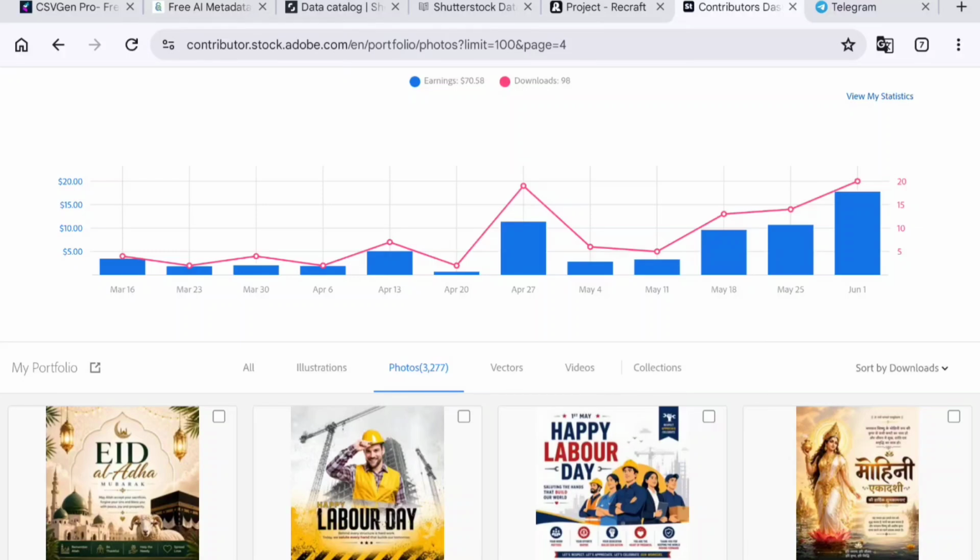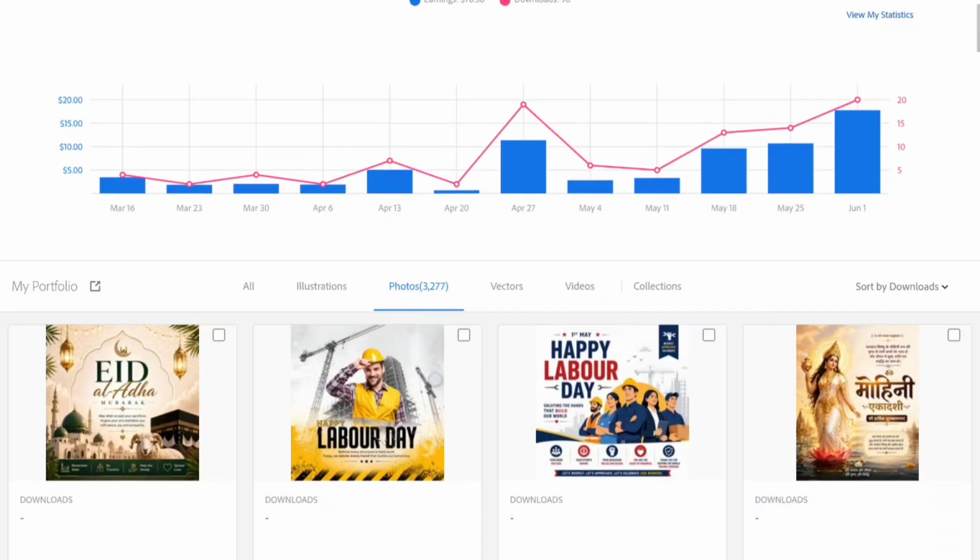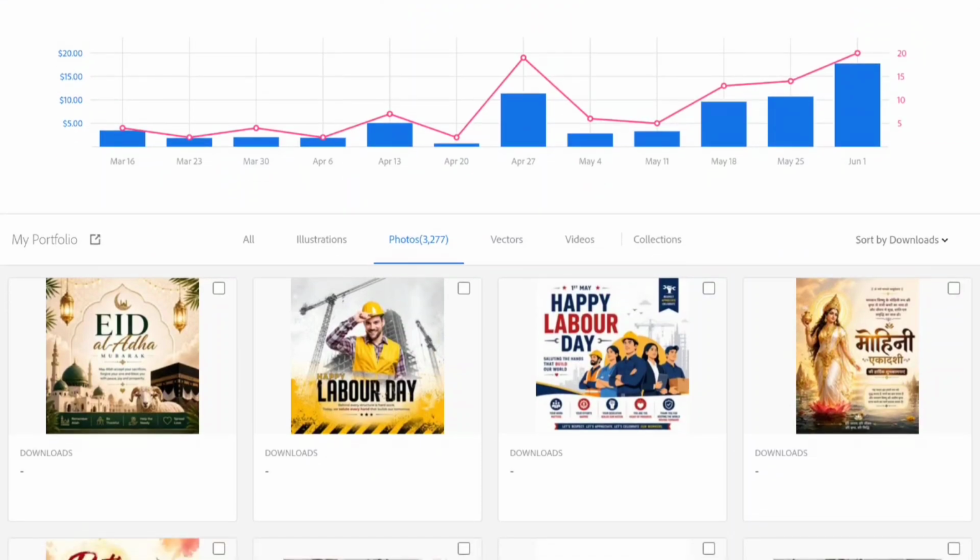And if your portfolio performs very well and averages $1 per design per month, then just 200 designs could generate $200 monthly. So, realistically, most contributors will need somewhere between 400 and 1000 quality designs to consistently earn $200 per month.